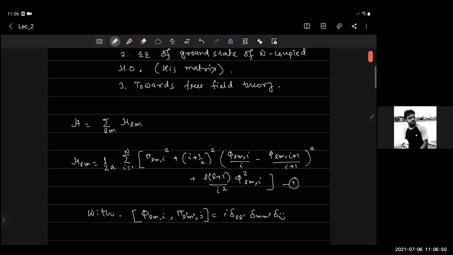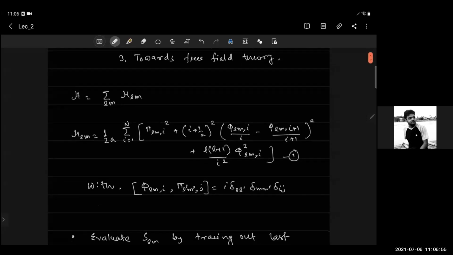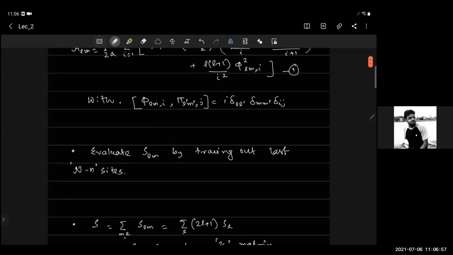It doesn't matter because it's a pure system and S_A is the same as S_B. So you trace out or integrate out the last N minus n sites and evaluate S_lm. But you remember that this is for a particular mode l and m. So to obtain the total entanglement, we want to sum over m and l, right?